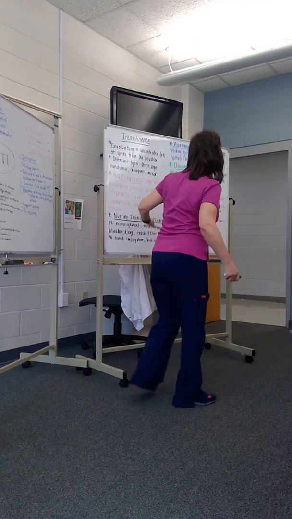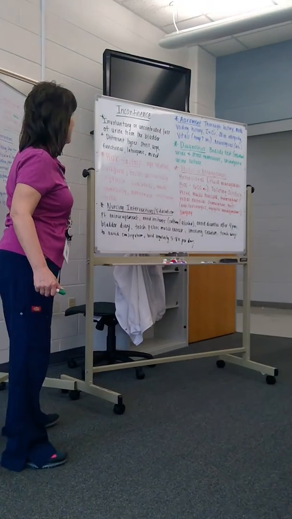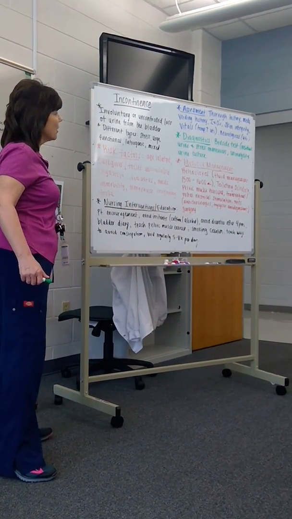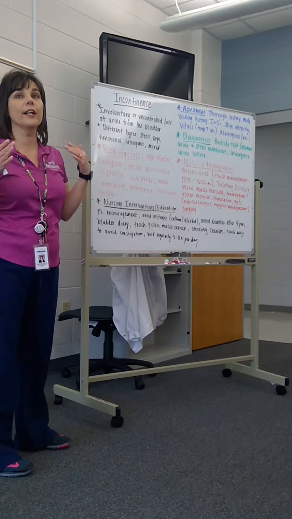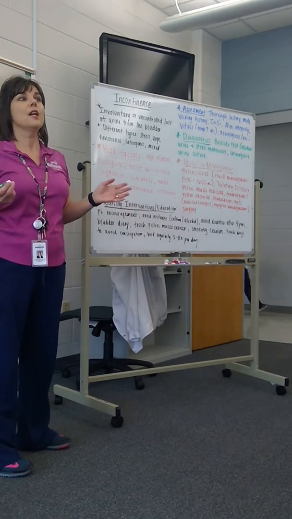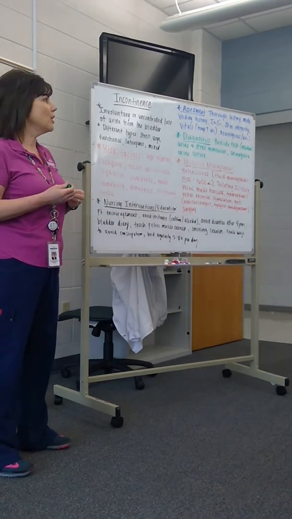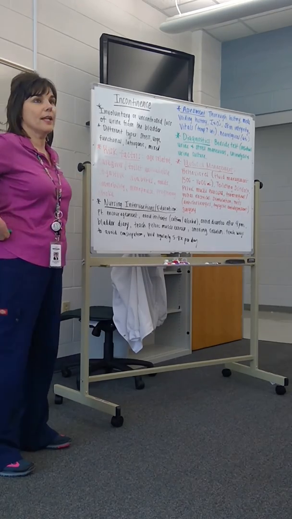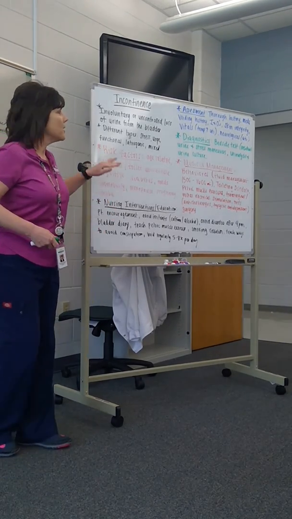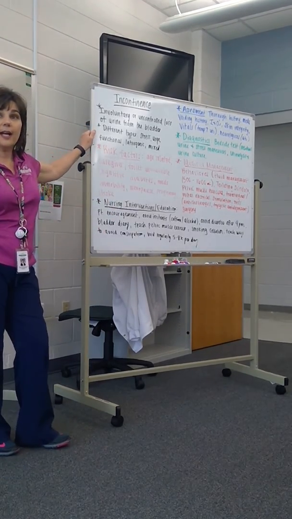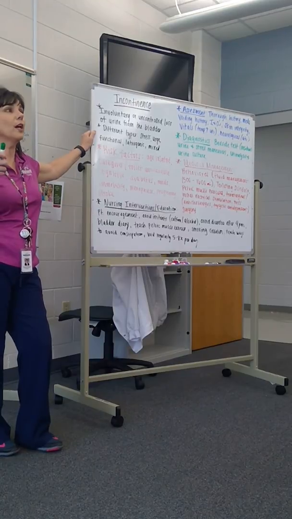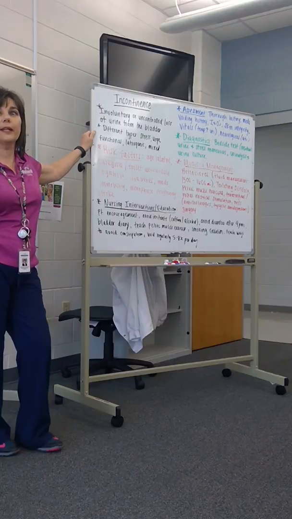Okay. So incontinence can happen involuntary or uncontrolled loss of urine. This can be very disturbing to someone, especially females. You know, you think about not being able to hold your urine. This can be from a UTI. It can be from stress incontinence from lifting, bending, pushing, pulling, straining, sneezing, coughing, anything like that.